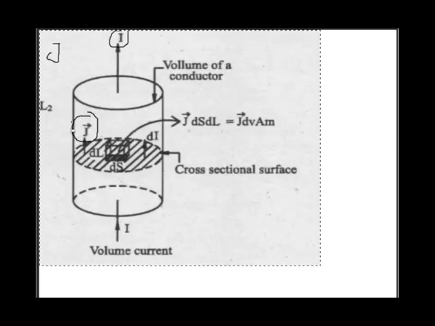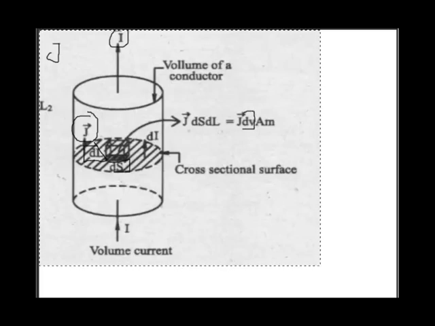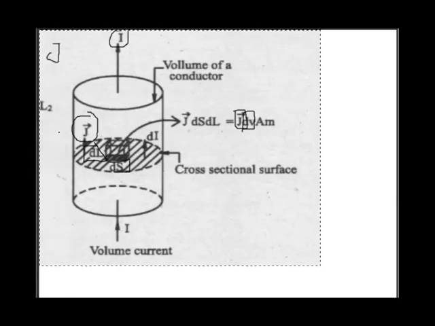It may be called volume current, and the differential surface is marked as dS. If it is multiplied with differential height, meaning differential length, you will get the differential volume, which is dV. If it is multiplied with J, you will get the differential current element in the volume case.